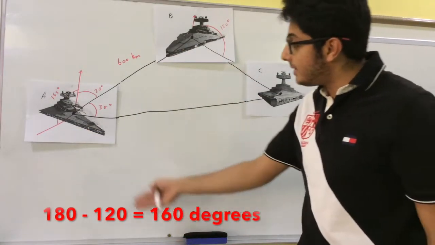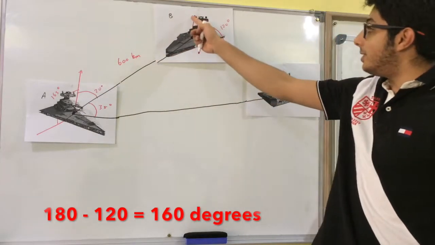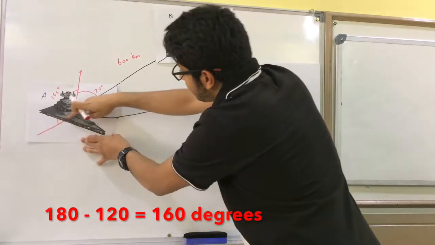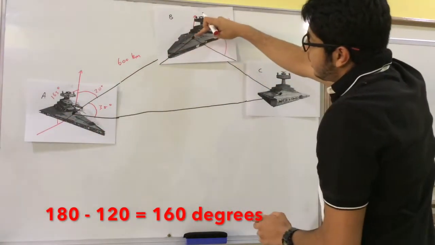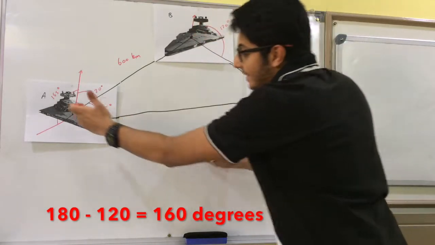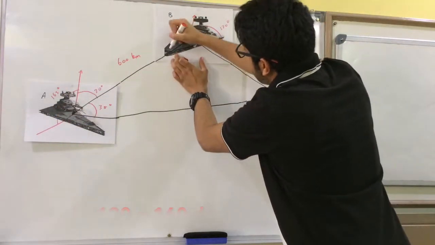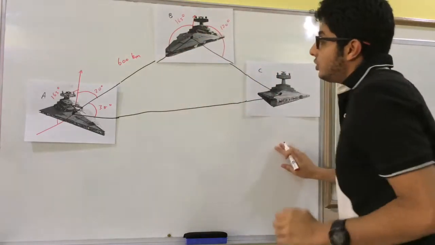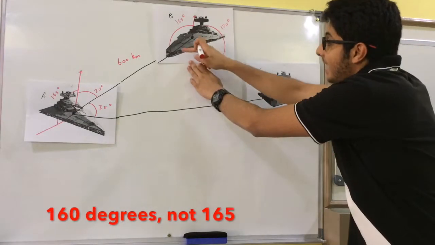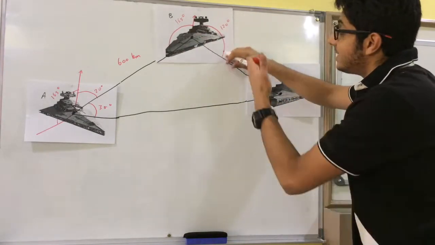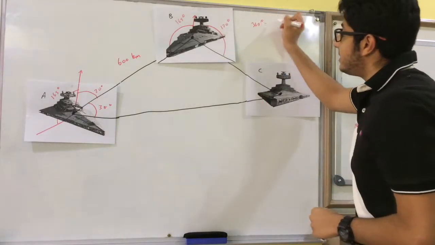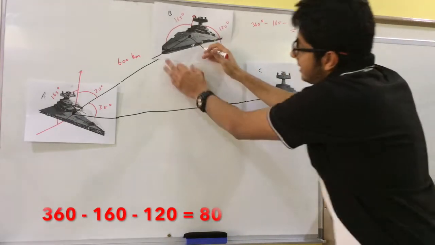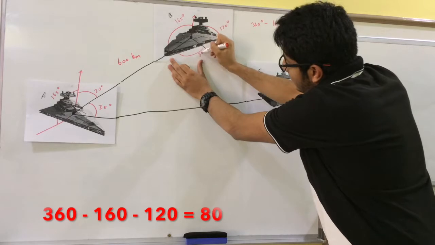Now, because this north line is parallel with this north line, because they're both pointing north, and this is all the same line, that means that this angle here will be the same as this angle here, 165 degrees. Now we can work out this angle inside the triangle, because that essentially makes a circle. So 360 degrees minus 165 minus 120, and that's going to give us 80 degrees inside the triangle.